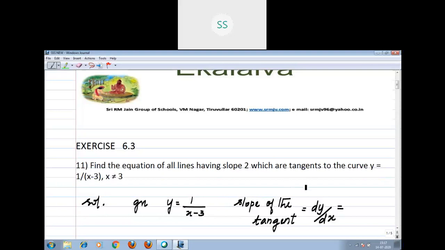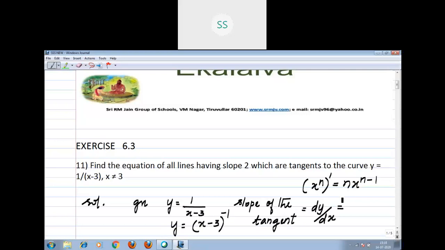Here also you want to apply which formula? The derivative of x power n is equal to n into x power n minus 1. Here you are going to shift x minus 3 to the numerator. That means the power will act as minus 1. So y is equal to x minus 3, the whole power minus 1.